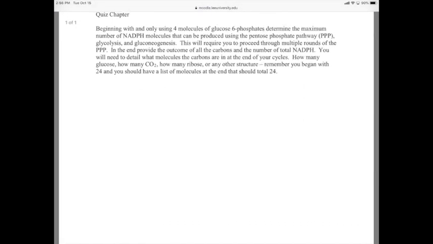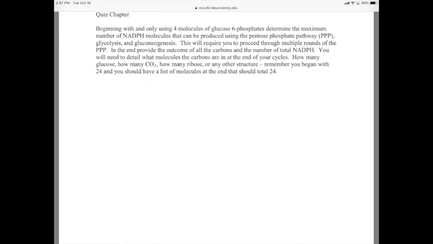This is the question, or this is what you're going to do. Beginning with and only using 4 molecules of glucose 6-phosphate. That represents 24 carbons. Do not make any more carbons for me. 24.